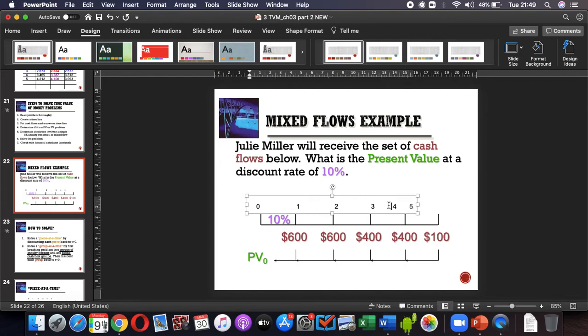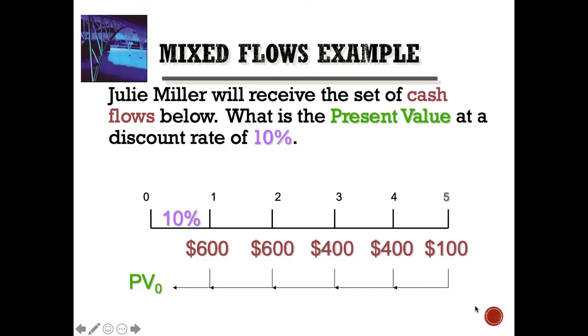Yeah, it should be like this. So this is the cash flow for year 1, this payment for year 2, year 3, year 4, and year 5. How much is the present value?